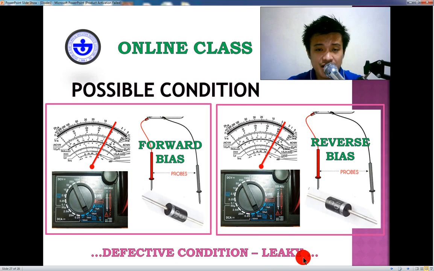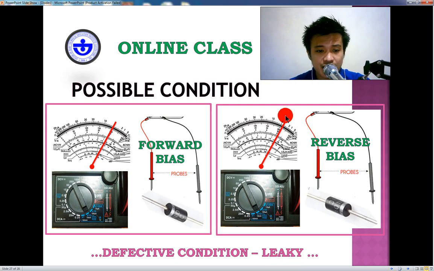Leaky means your diode now will allow the current to flow whether in forward direction or in reverse direction. So this time, your diode does not perform its principle that it will only allow the current to flow in one direction. It can now allow the current to flow in either forward bias or reverse bias.